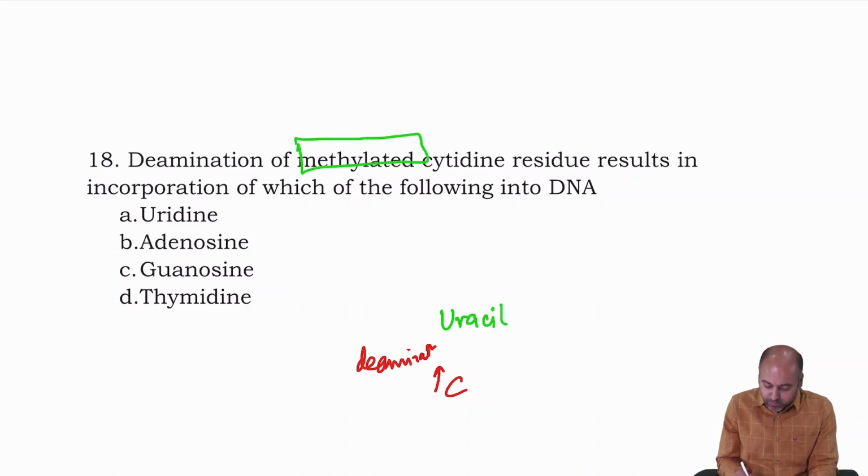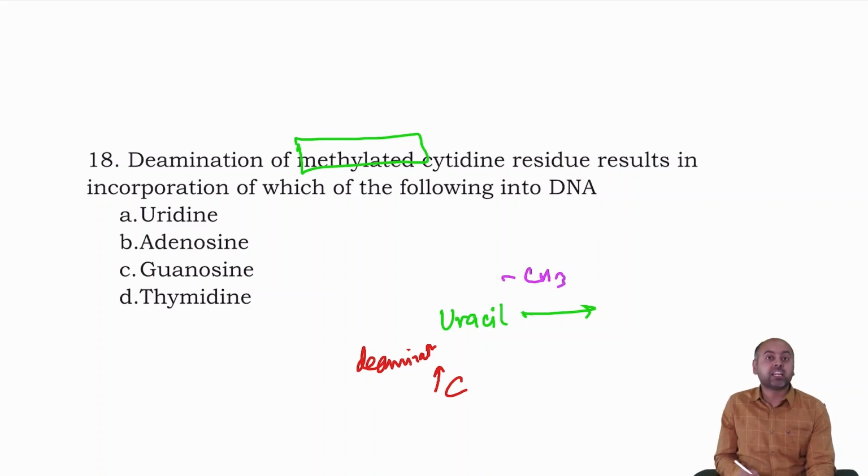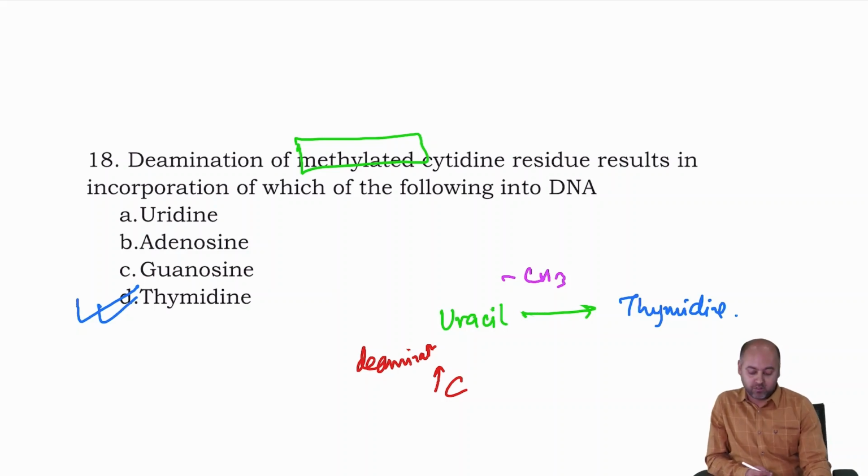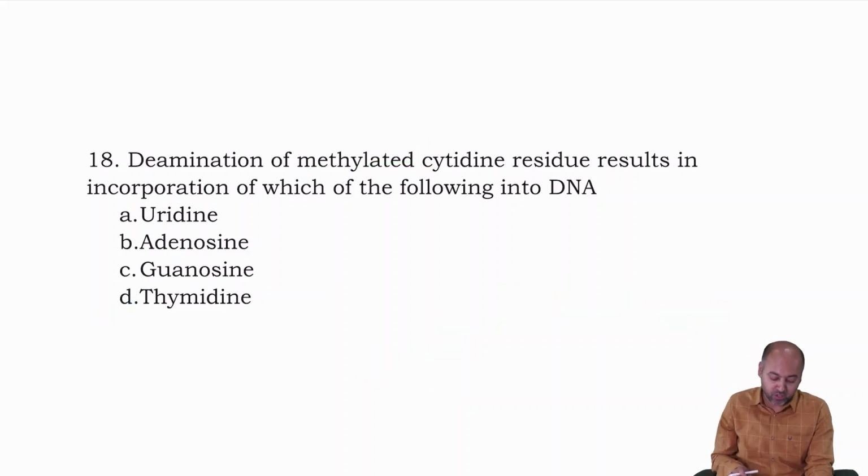Now, if you do the methylation of uracil, as we just mentioned, it gets converted into thymidine. Okay, so deamination of methylated cytidine results in formation of thymidine.